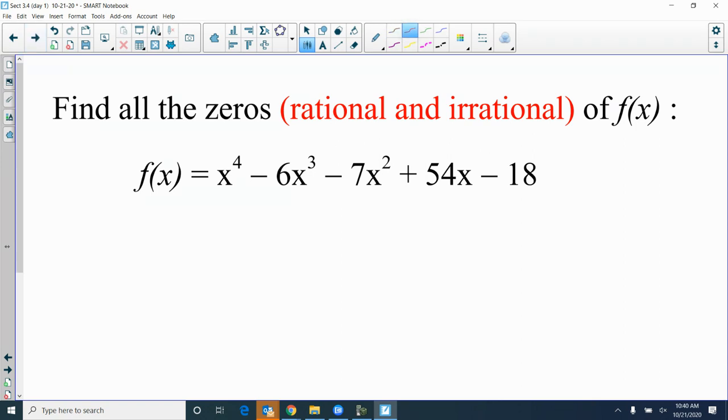Now the coefficient here is just a 1. So I want you to think if you can list the possible zeros. If you're not sure, just hold on a second and then we'll get to it.